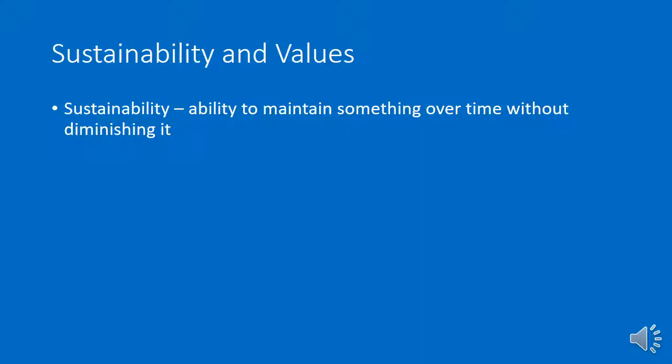Okay, having stuff stay around and using it, we want to use things sustainably, right? We have to use stuff, so we want to do it in such a way that it stays here. And so sustainability means the ability to maintain something over time without diminishing it, right? So yeah, we're cutting down trees for houses, but we're not clear cutting the whole mountain.